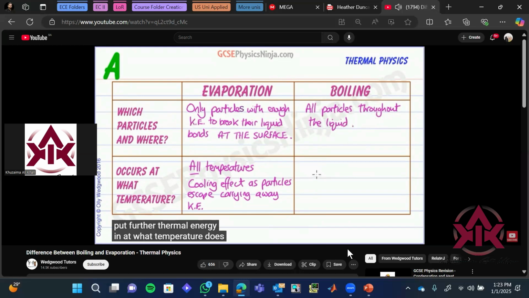At what temperature does boiling occur? Well, it has to occur once the particles have a maximum kinetic energy, and any more energy they absorb will break their liquid bonds rather than making them move faster. So it only occurs at the liquid's boiling point.